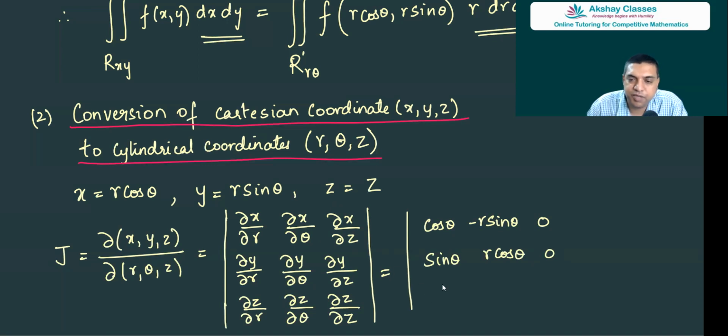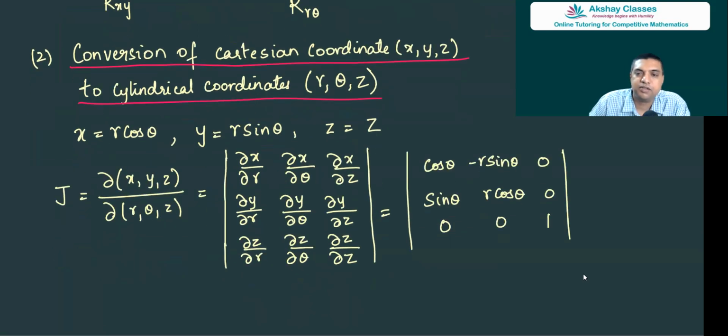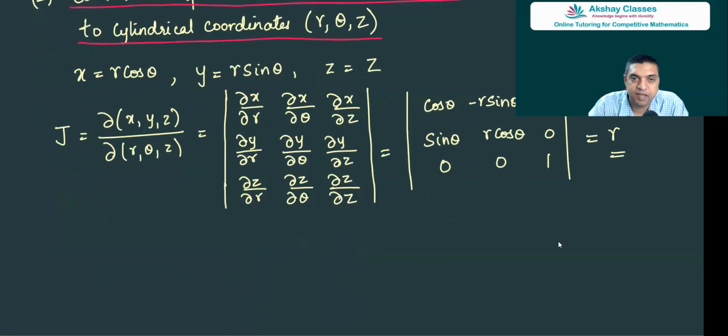Derivative of z with respect to r is 0, with respect to theta is 0, with respect to z is 1. So you can pull out r common, and when you evaluate the determinant, 1 times cos square theta plus sine square theta is 1. So again it is r.